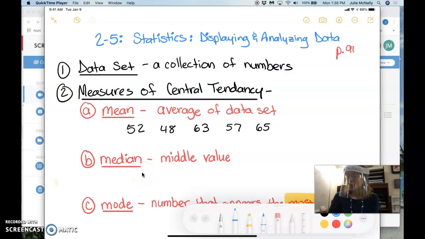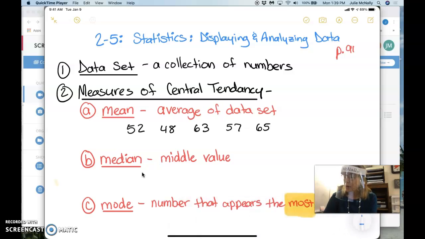I'm going to show you how to do an example of finding the mean of our data set. So our data set includes the numbers 52, 48, 63, 57, and 65. To find the mean of these numbers, first I have to add them all together. So you can do this the old-fashioned way, or you can use your calculator.